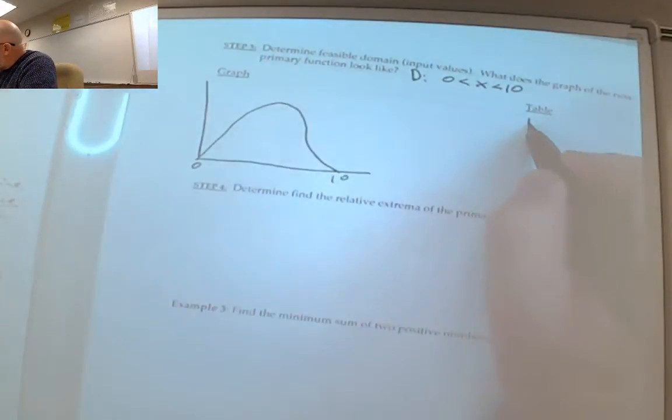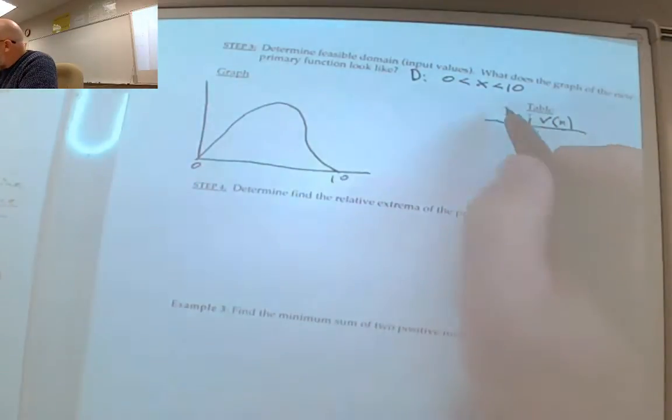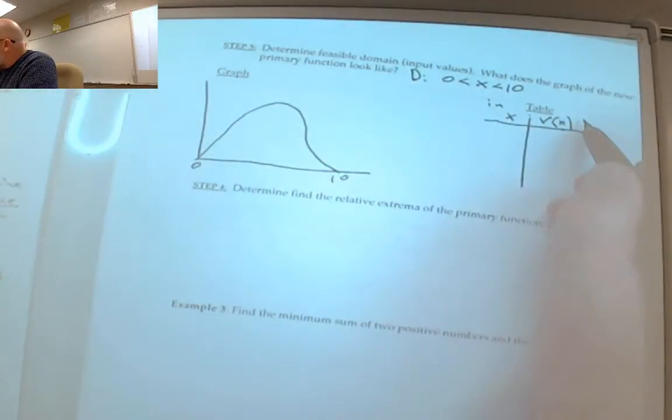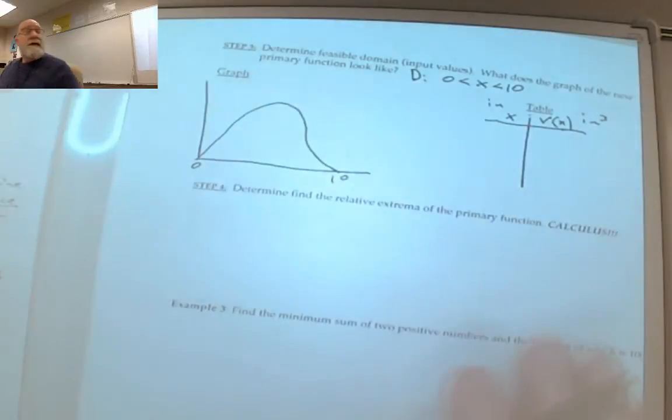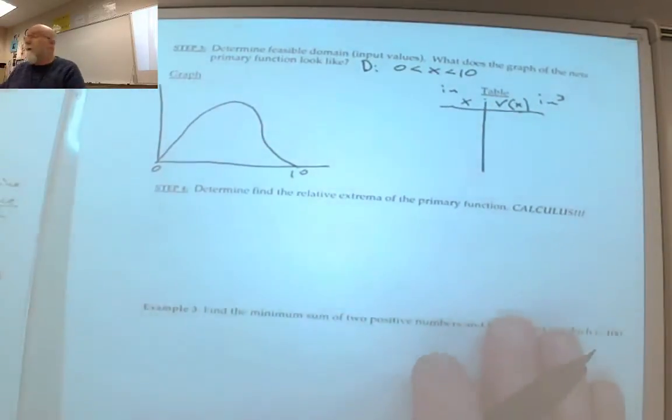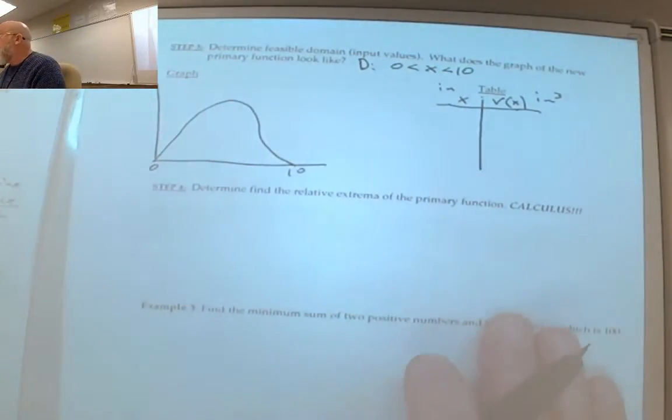My table is going to look like this. I'm going to have x over here, and V of x over here. Sometimes I think it's helpful for you to understand that this is inches and this is inches cubed, because you're going to be required to come up with your labels. Because I'm talking about volume, Jeremiah said it's length, which is inches, width, which is inches, and height, which is inches.